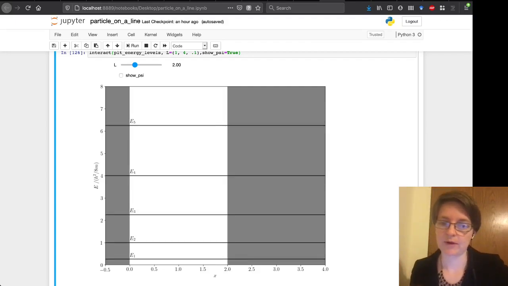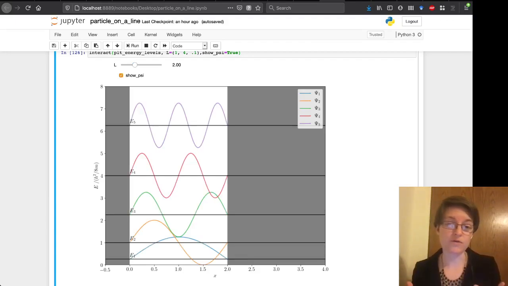The last thing I want to point out is that often you'll see in textbooks people superimpose the wave function over these energy level diagrams. And the advantage of this is that now you can see both the energies and the wave functions at the same time.